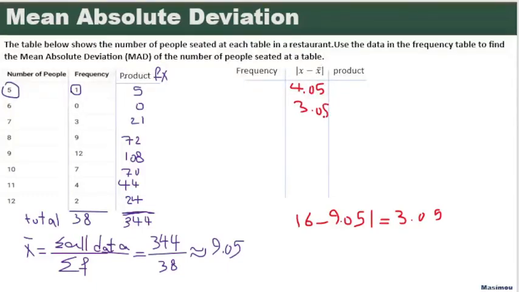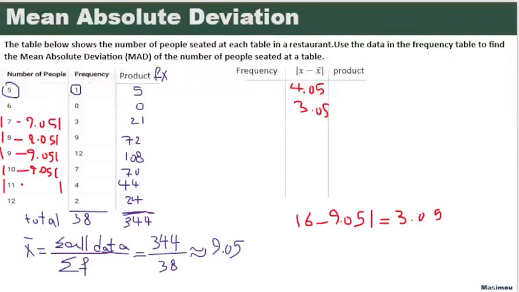And I will go further for all of these numbers: 7 minus 9.05, absolute value of it, and 8 minus 9.05, and here 9 minus 9.05. And here 10 minus 9.05, absolute value. That means I only write the distance of each data value from the mean.